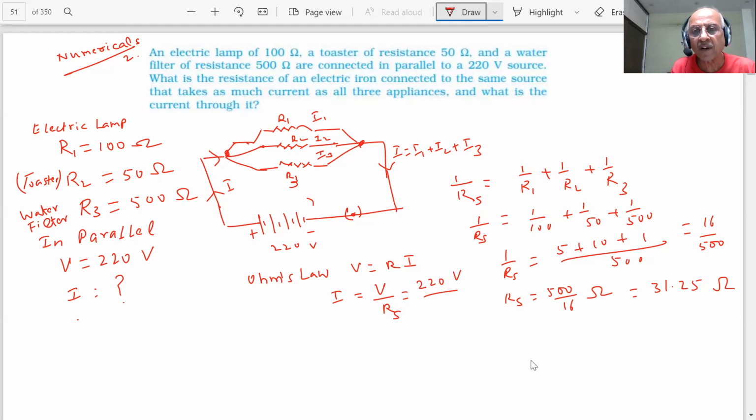And RS is 31.25. So what is the value coming, student? How many amperes? What is the current through it, student? So 7.04 amperes.